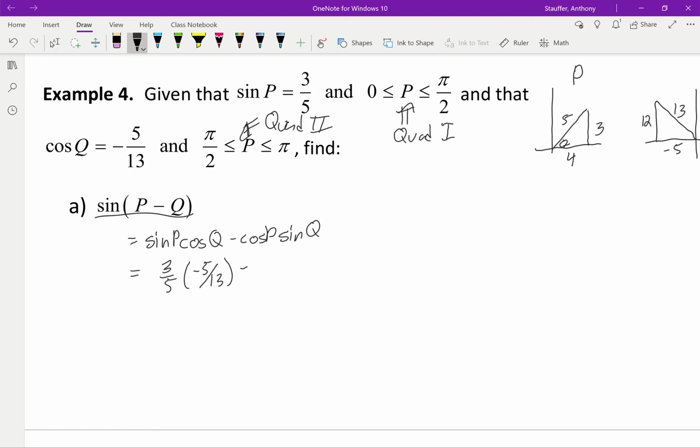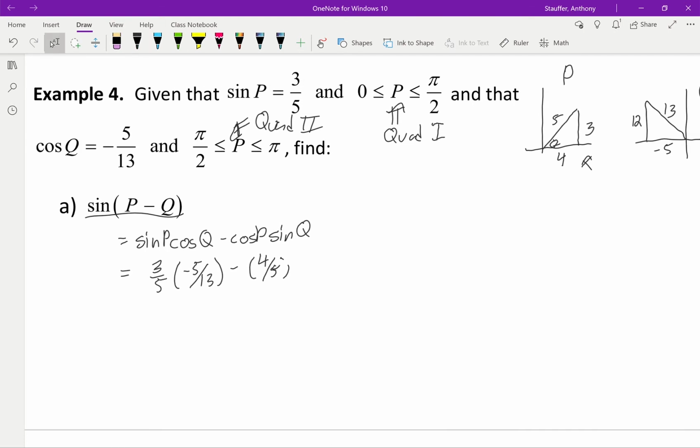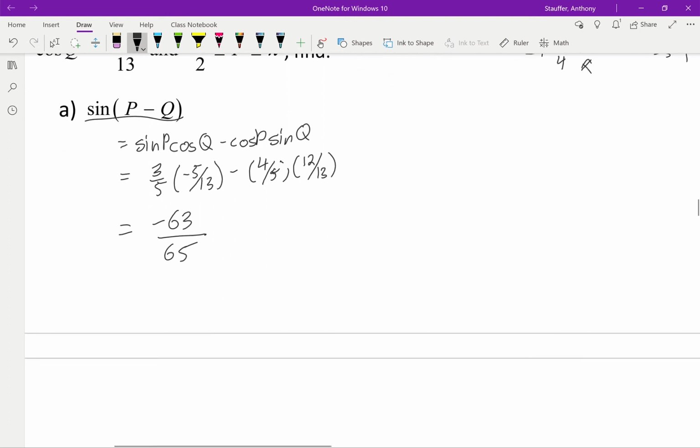Now the cos of p is adjacent over hypotenuse on the p, so that's going to give us 4 over 5. And then my sine q is just opposite over hypotenuse, so that one's going to give me 12 over 13. Now from here, I just use my magical power of mathematics, or in your guys' case, most likely a calculator, and that gets me to negative 63 all over 65.